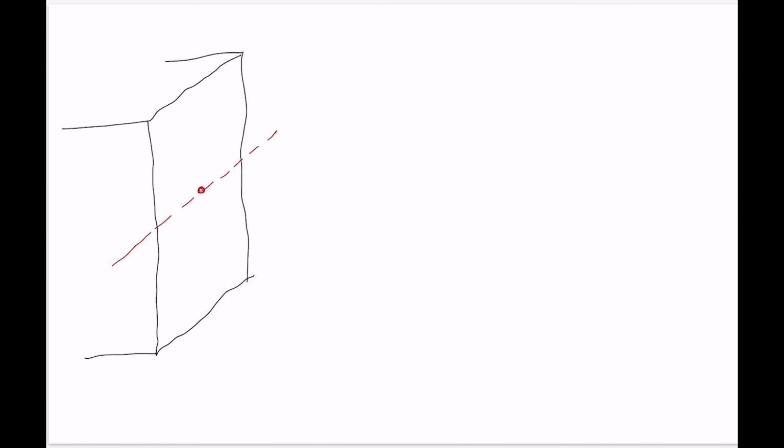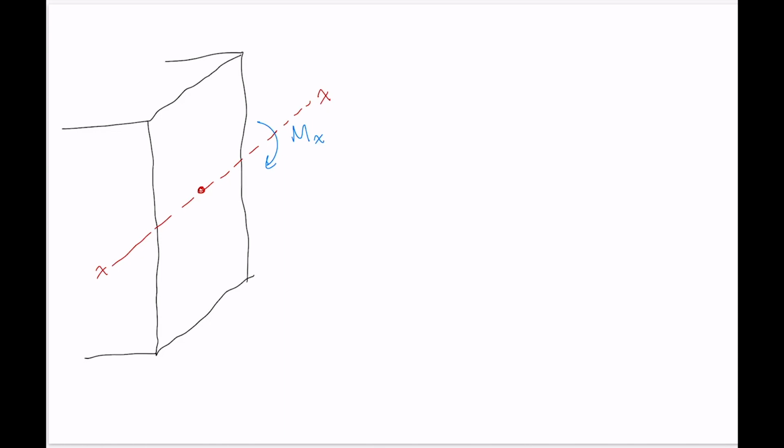Centroidal axis and our internal moment M acting about that. Okay, and because this is the horizontal centroidal axis, let's call it axis xx. So then M would be M about x, M subscript x, the internal moment about the xx axis.